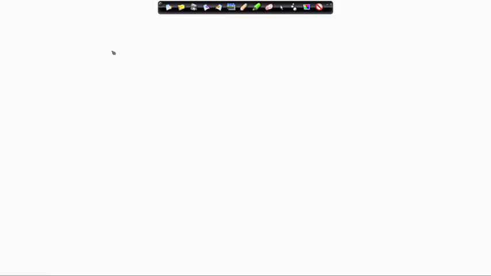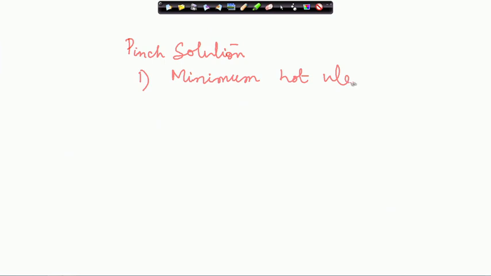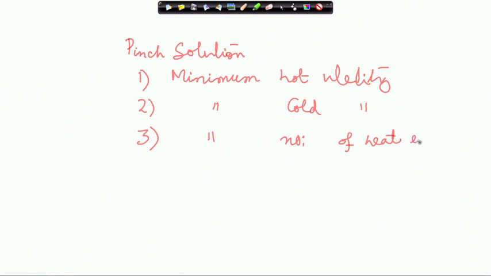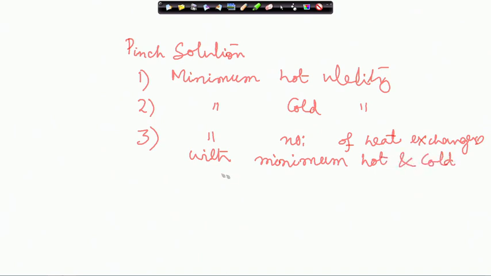So, what does the pinch solution give? Minimum hot utility, minimum cold utility, then minimum number of heat exchangers with minimum hot and cold utilities.